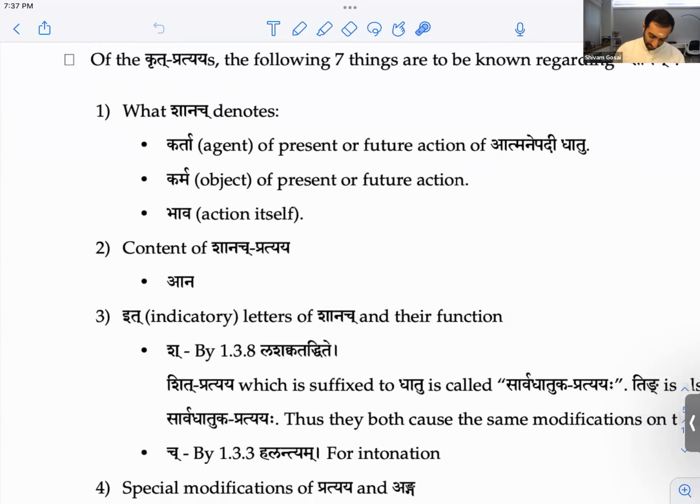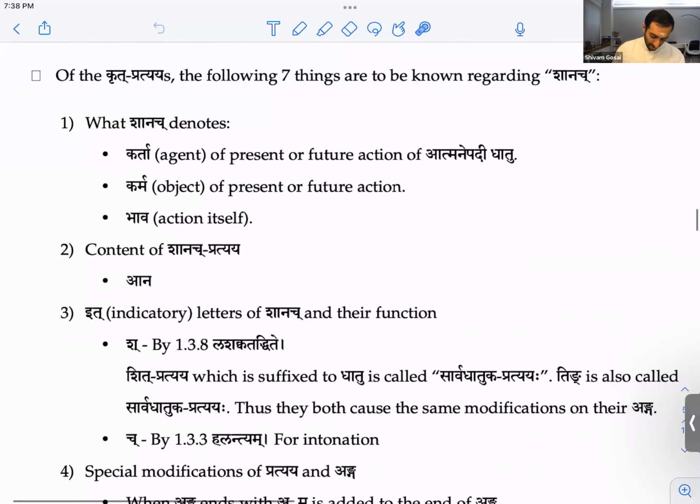Being shakara it, so shit pratyaya, when you're making a tinganta, the anga changes in a certain way, right?